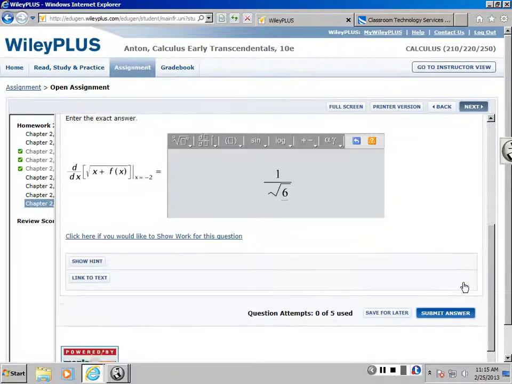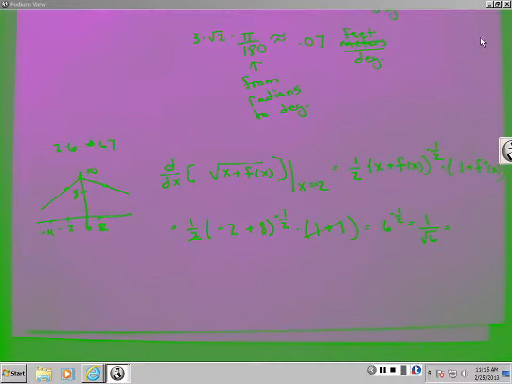How did you know to put 8 in for that f of x? So what this is saying is the value of the function at minus 2. This is saying the slope at minus 2. This is the value at x equals minus 2, and this is the slope at x equals minus 2.